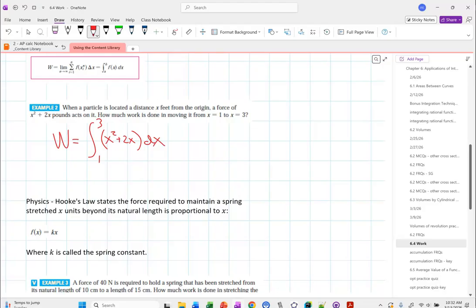This is force times distance, where the distance is just like an infinite little sliver. That's the dx. And we're slivering from 1 to 3. Does that feel okay?